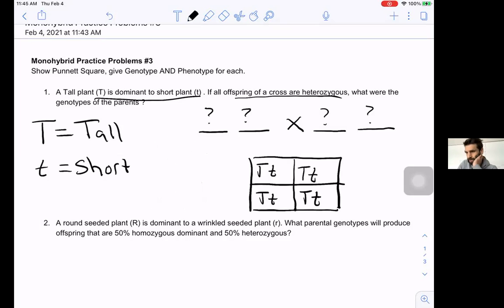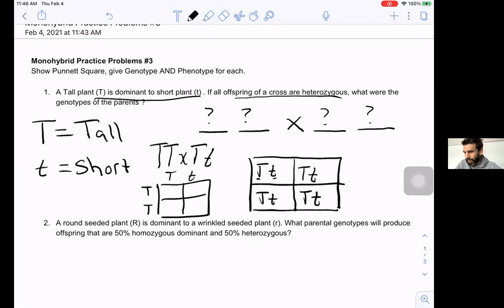Okay, let's do something a little closer. Somewhere in here, one of the parents is going to have a capital T, and the other one is going to have lowercase t. So what if we did something like big T crossed with heterozygous? Well, I know right off the bat I'm already getting 2 offspring that are homozygous dominant.